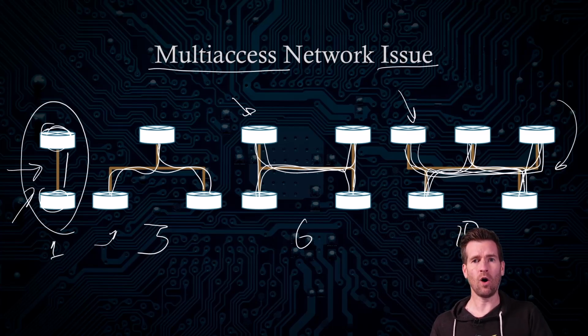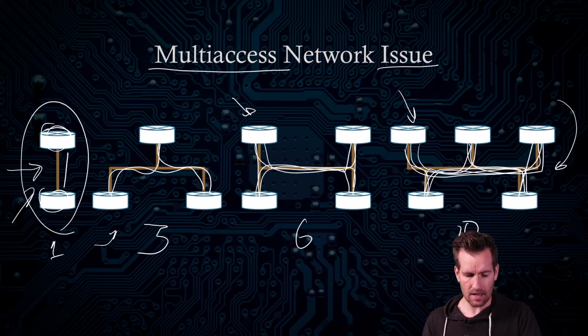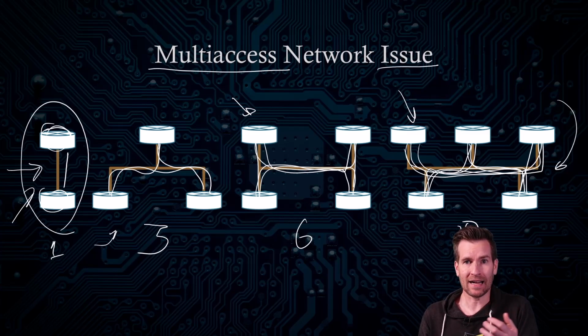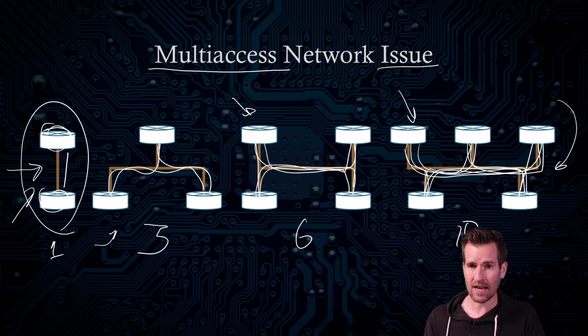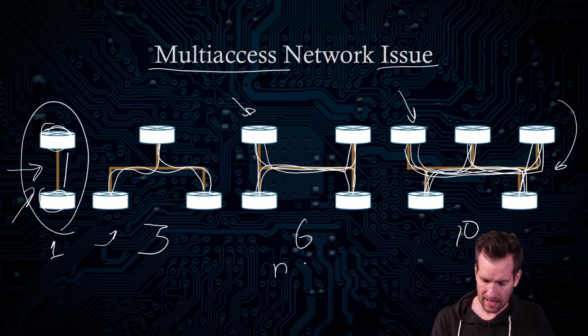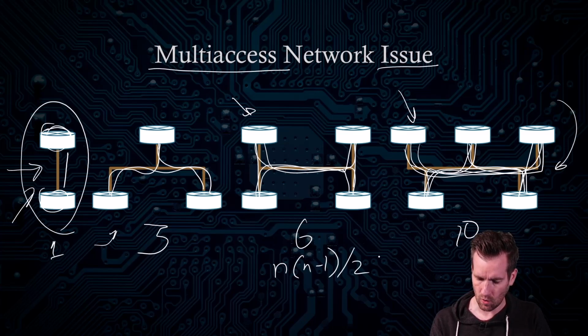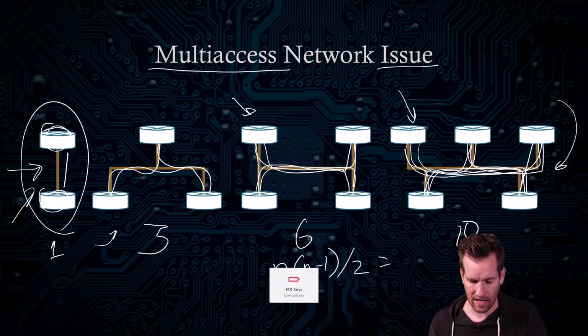So even though we're only adding 1 router each time, the number of connections multiplies, it's exponential. And there's actually an equation for this. It's n times (n minus 1) divided by 2 equals the number of connections we have to have.